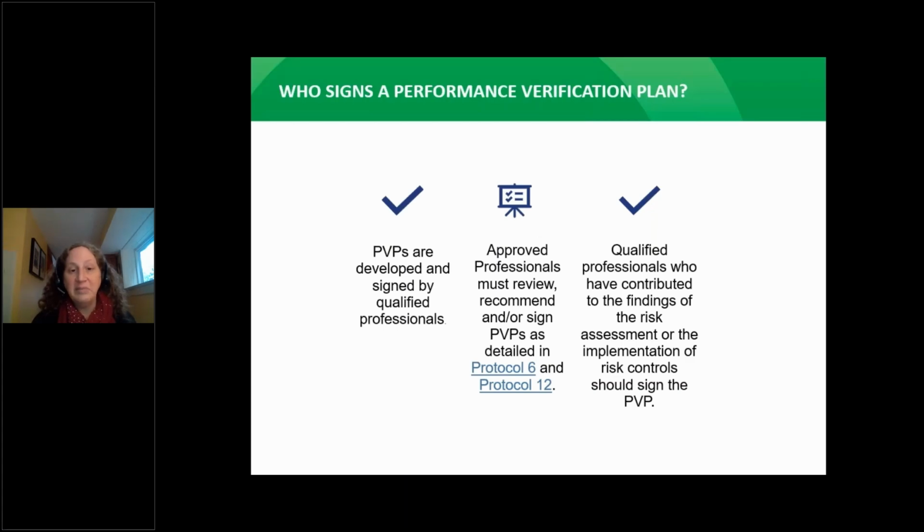However, in some instances, they may be required to sign PVPs as indicated in Protocol 12, which is the protocol about site risk classification, reclassification, and reporting. Under Protocol 12, PVPs may be required when reclassifying high-risk sites to risk-managed high-risk sites. Next slide, please.